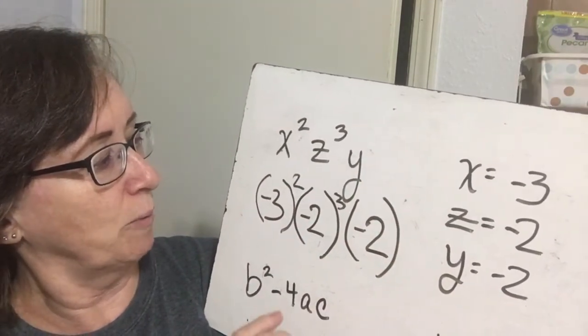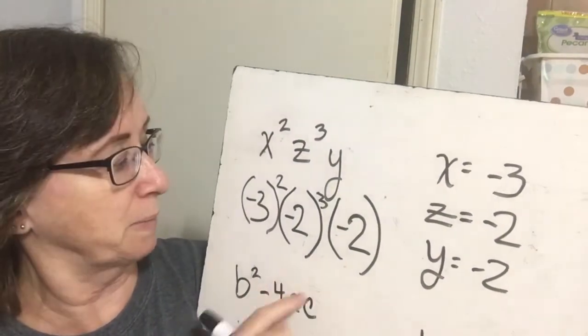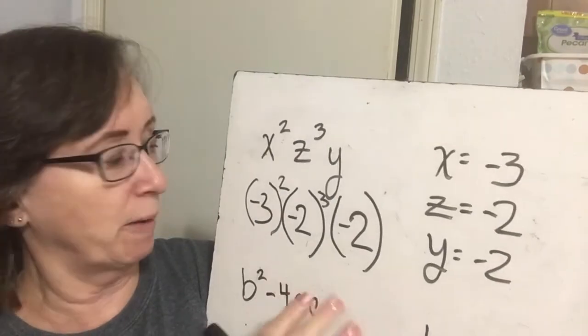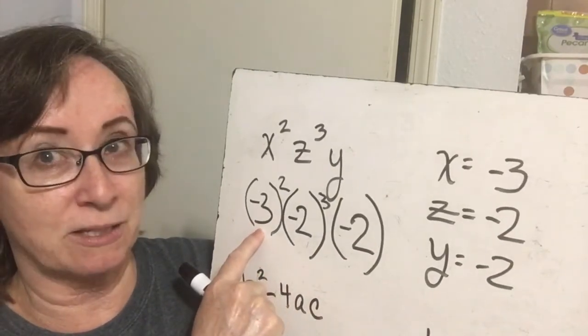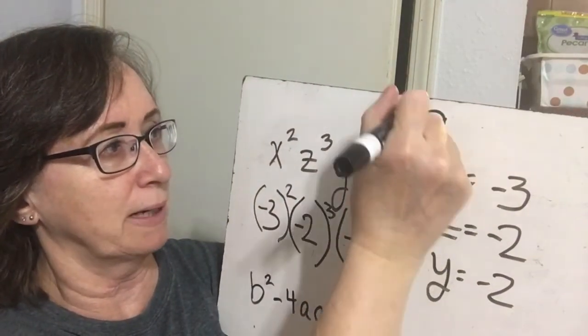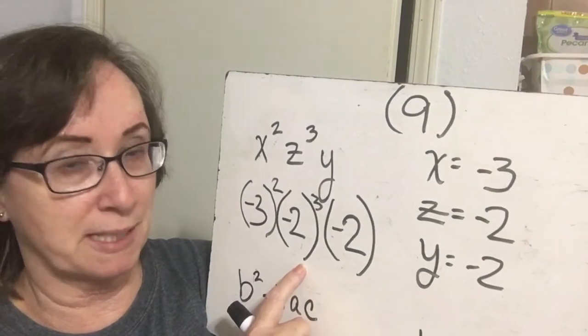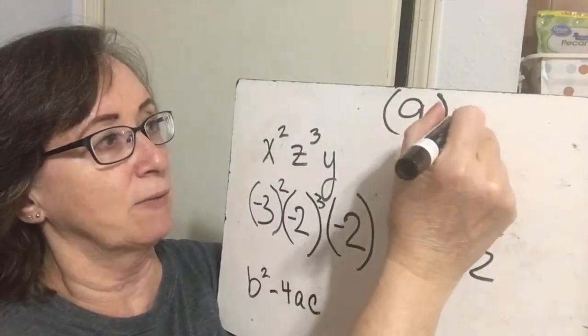So now we have to take care of the exponents before we do the multiplication because it's a higher ranking. Negative 3 squared is negative 3 times negative 3, which is 9. So we'll just put that right here. Negative 2 cubed is negative 2 times negative 2 times negative 2, which is negative 8.